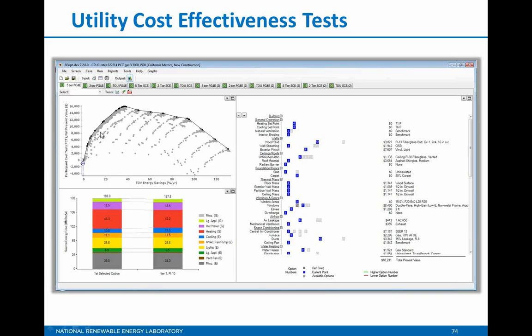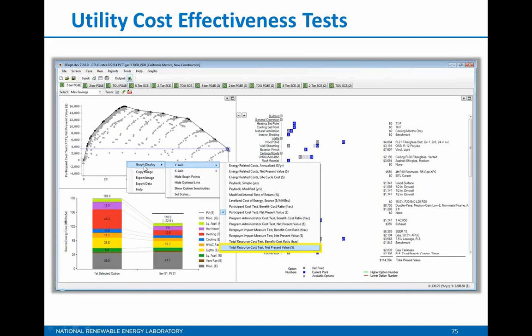So this would then be simulation optimization results as a function of that. I have a dozen cases here, looking at the first case with a particular utility rate. We see these results, in this case participant cost test results optimized as a function of TDV. Having run this particular optimization, one could then right-click here for this graph display and specify the y-axis.